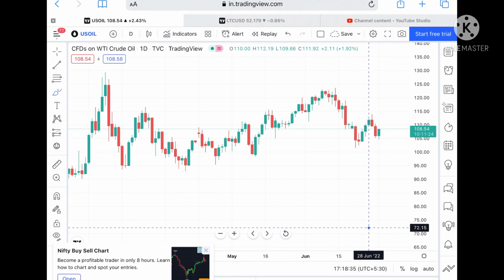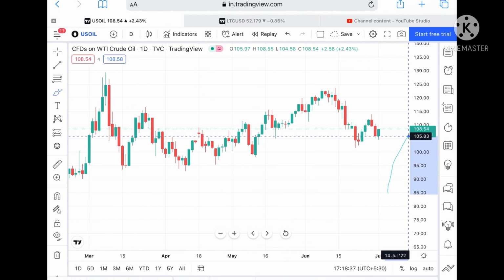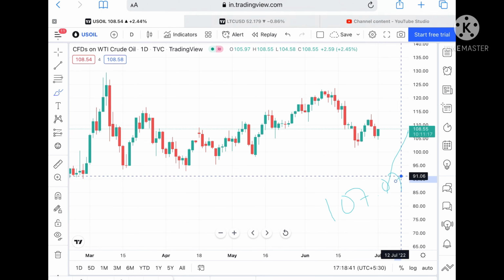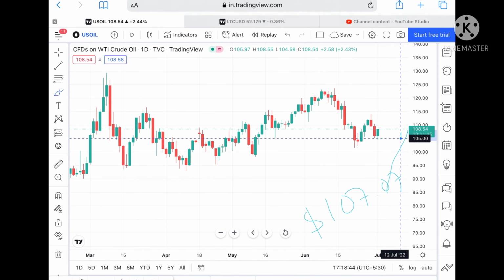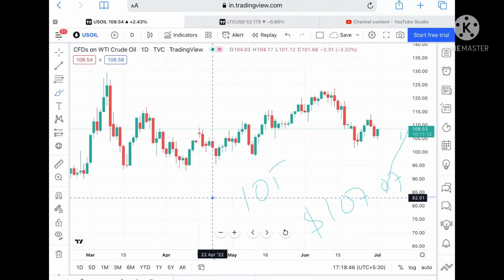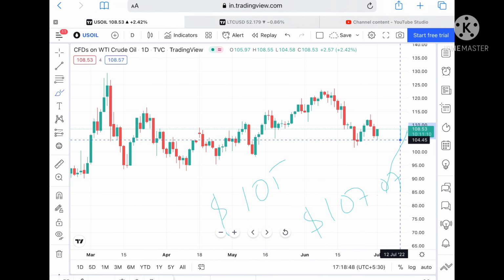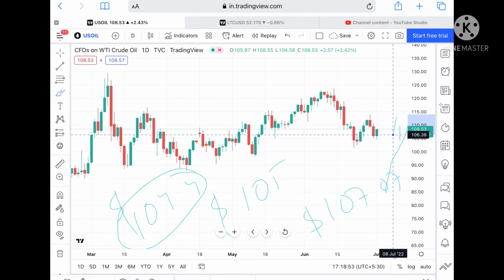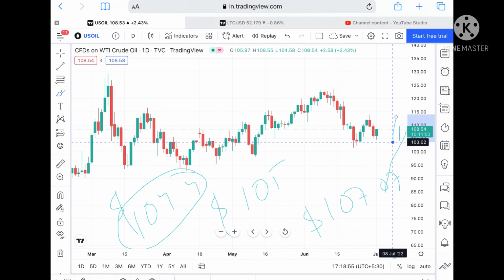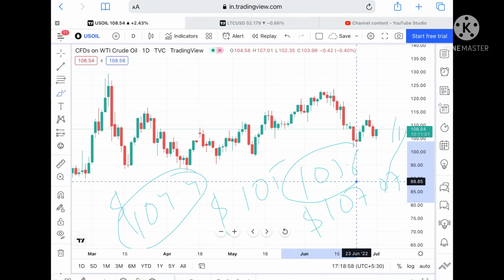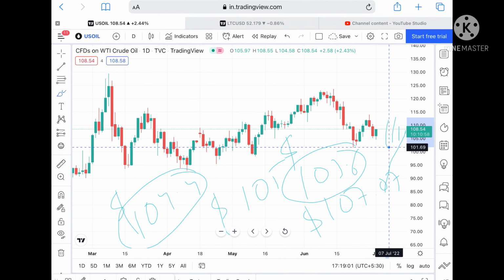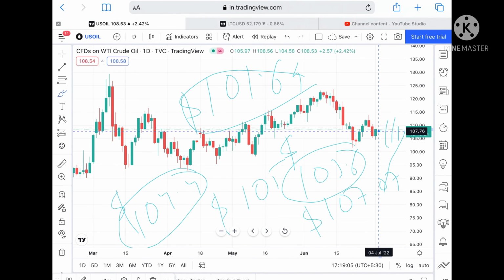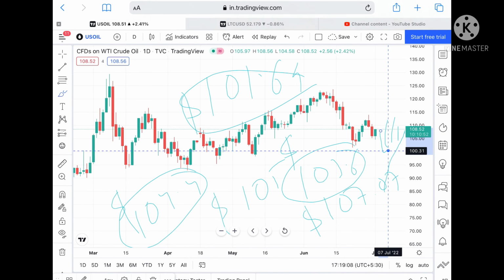Looking at this chart, suppose this level doesn't sustain, we can see it can touch a level of 107.07. Okay, and if the price goes downside, then we can see it can touch a level of 105. Suppose it goes below that level, then we can see it can touch a level of $104.4, and from there it can come down again to a level of 103.6. Once the price goes below that level, we can see it can touch a level of 101.69, and from there it can move further low and touch a level of 100.31.